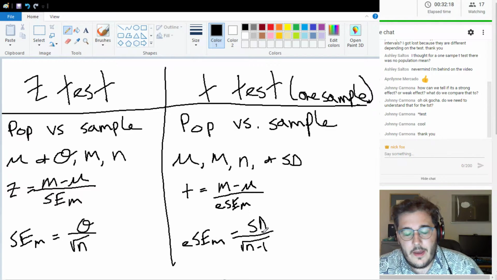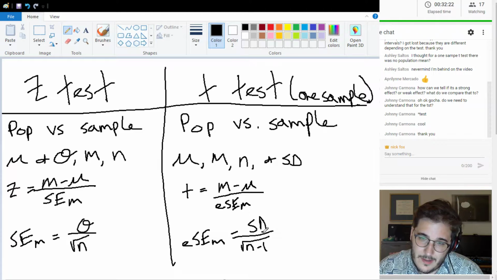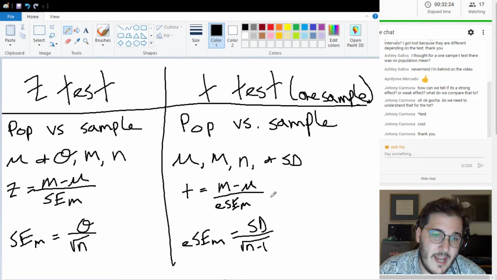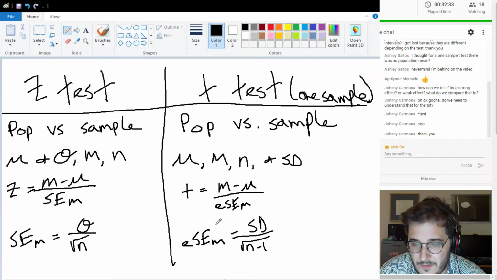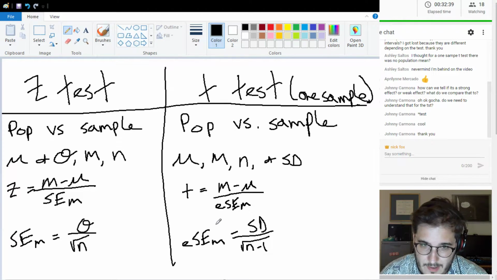It's the square root of n minus 1 because when you use the sample standard deviation, it constantly underestimates the standard error of the mean. So if you were just to compare them, SEM versus estimated SEM, and you just had square root of n as the denominator for both of them, the estimated standard error of the mean would always be smaller, which is bad, right?